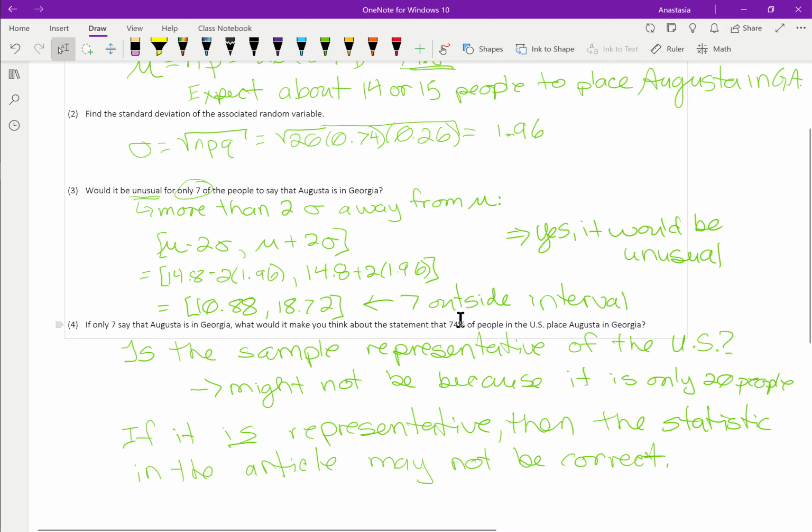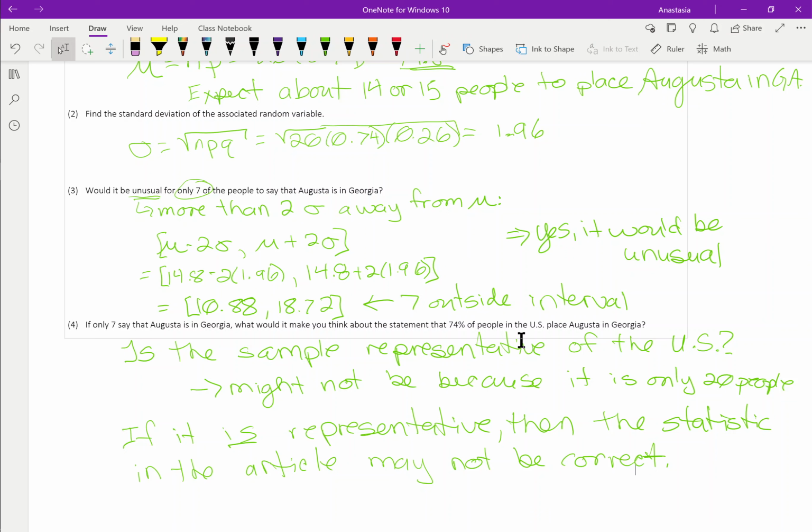Perhaps they sampled people that lived close to Augusta, Georgia. However, if they had sampled people that were in Maine, then the people probably would have placed Augusta in Maine instead of in Georgia, since there is an Augusta, Maine.